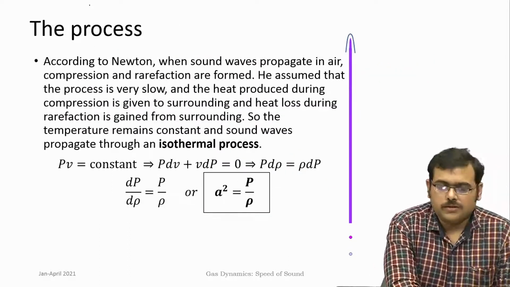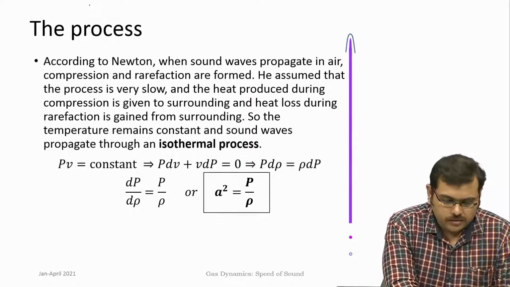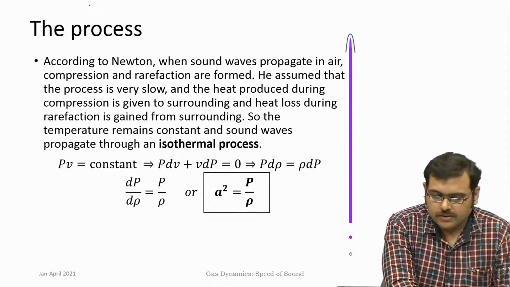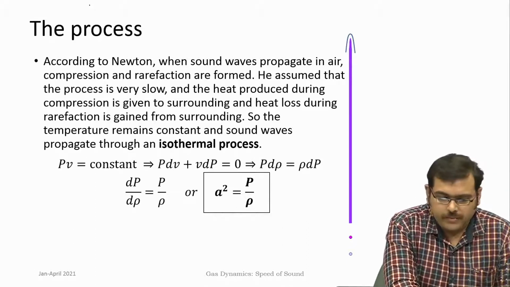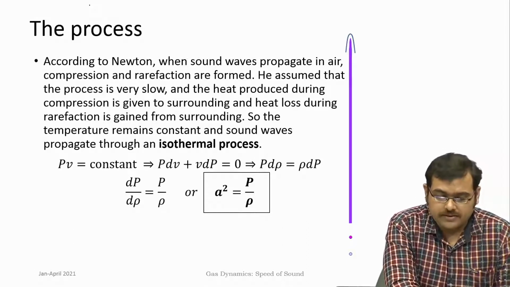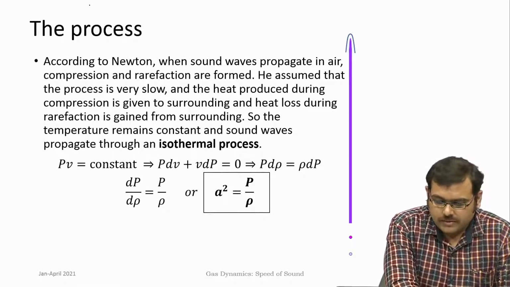So now that one needs to determine the process, when researchers were looking at it right from Newton, he sort of said that sound wave propagates in air, and when it propagates it does not change things to a great extent, and so he assumed that the temperature remains constant as the sound waves propagate through any medium. So he said that it is an isothermal process.